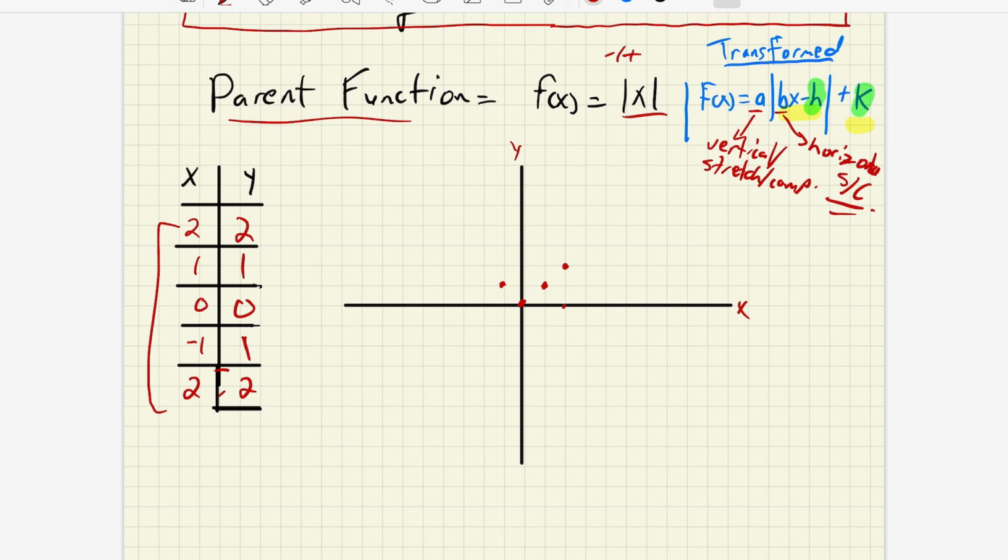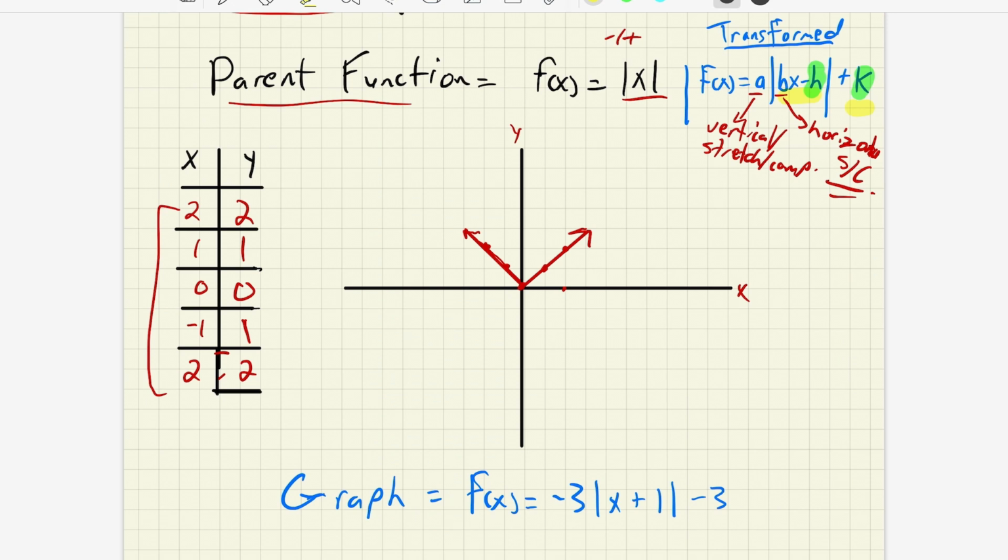For -2, y is +2. And so connecting our dots, we have a function that looks roughly something like that. And I'm going to do that to the other side, roughly something like this. And remember, we really just look at the first 3 points.